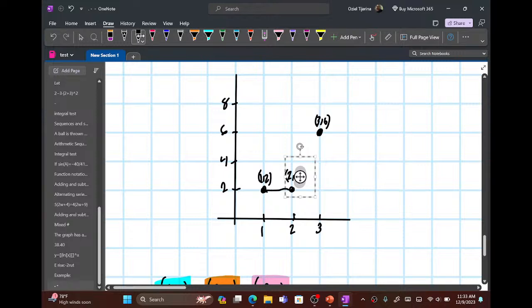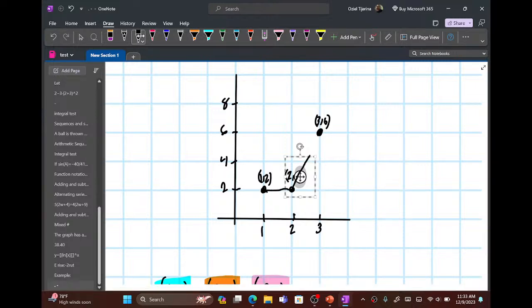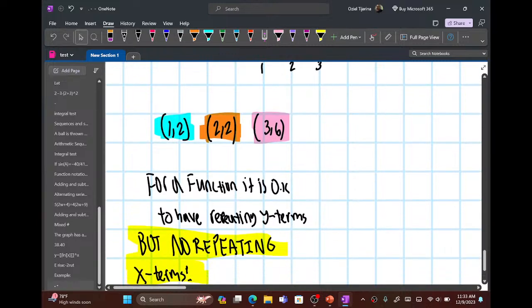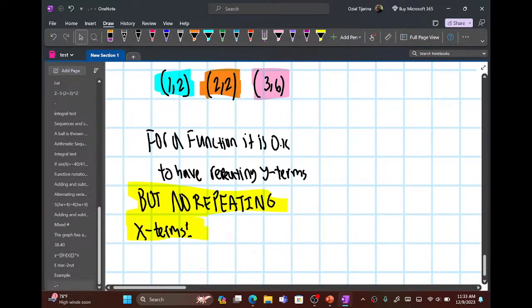This relation can be a function, right? And graphically, we're also gonna look at this graphically. It does follow the vertical line test, and I'm gonna go over that in a few minutes. But this is an example of it is okay to have repeating y terms, no repeating x terms, however.